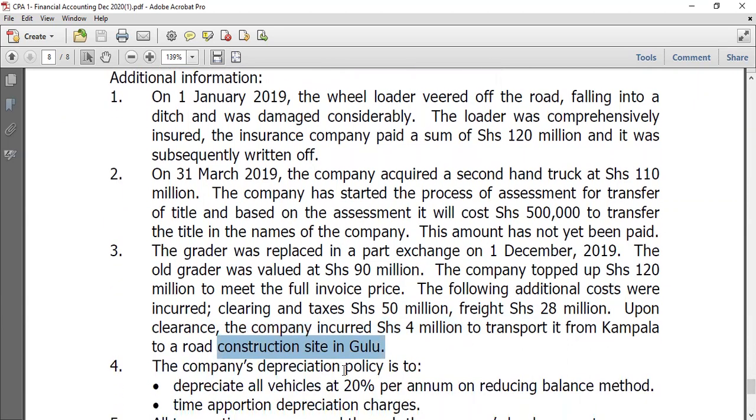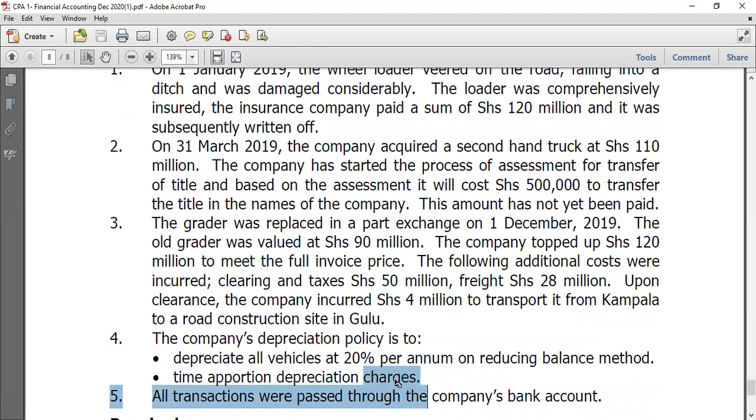The company's depreciation policy is to depreciate all vehicles at 20% per annum on the reducing balance method, with time-apportioned depreciation charges, and all transactions are to be passed through the company's bank account.